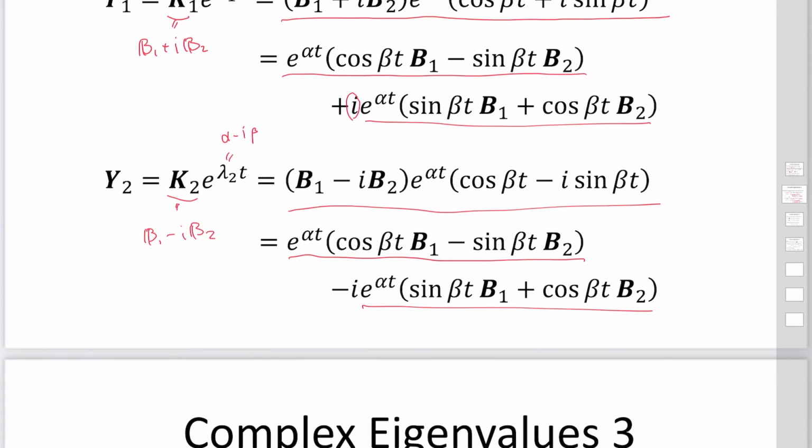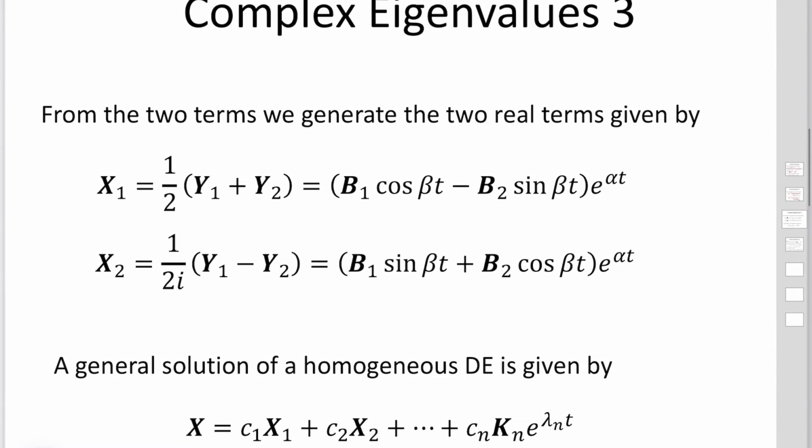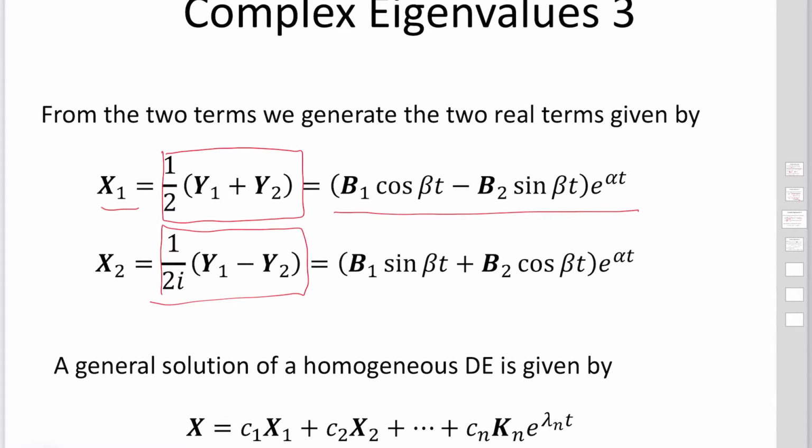Then we'd like to express the general solution with real functions. So we create x sub 1 and x sub 2 using this equation. This is the definition of x sub 1. By summing up y sub 1 and y sub 2, it becomes just a real function: b sub 1 cosine beta t minus b sub 2 sine beta t, times exponential alpha t. And x sub 2 is defined with this equation, 1 over 2i times y sub 1 minus y sub 2.